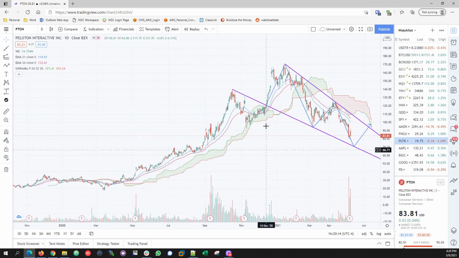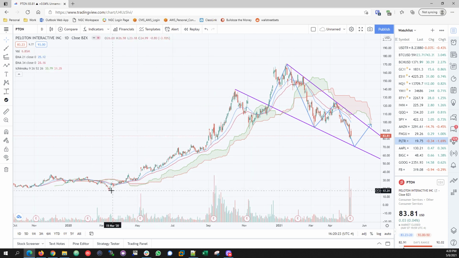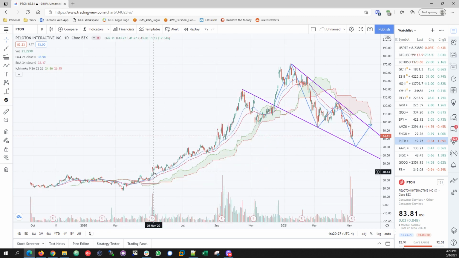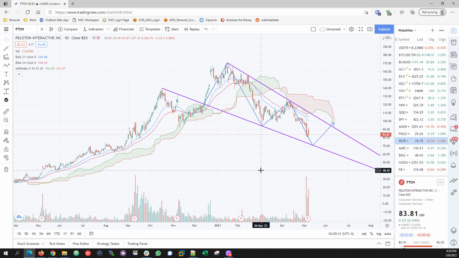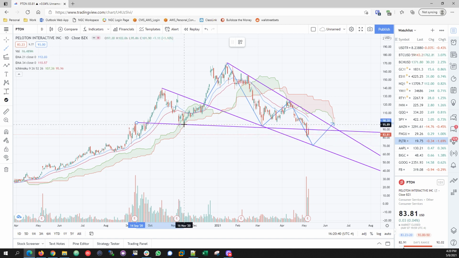Is it a value? Yeah, you're looking at it, it was 170, now it's sitting at 83. But you also have to know that the company was the same company when it was $40. I've got to check out the sales numbers and everything else, but if COVID cases drop and people go back to gyms, then things aren't going to look good for Peloton.